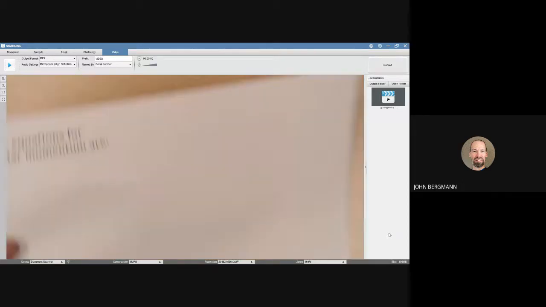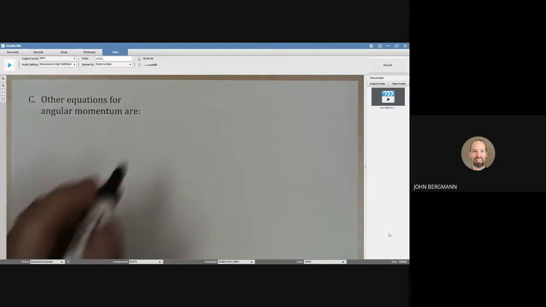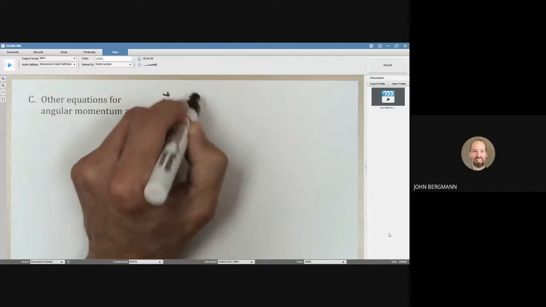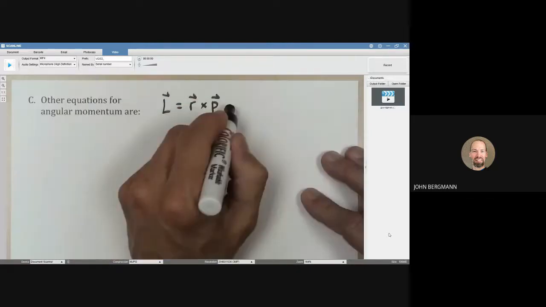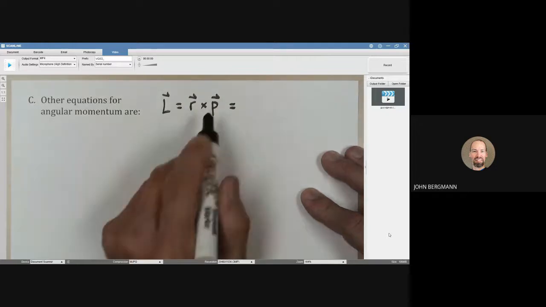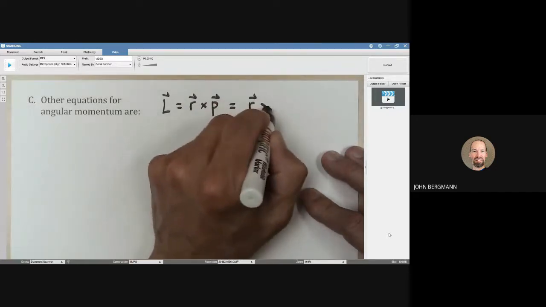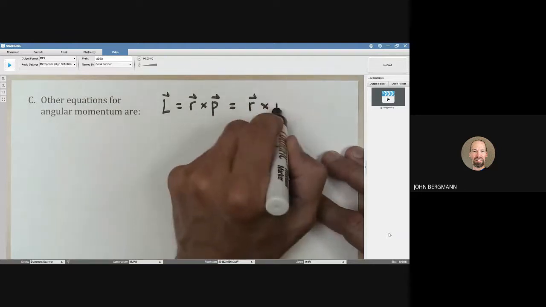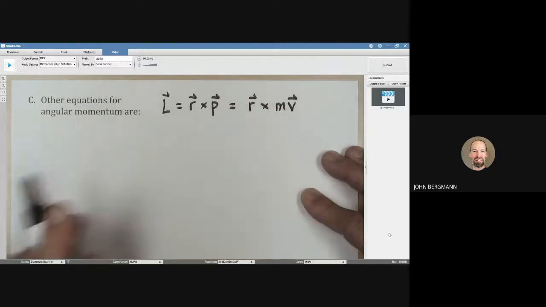Let's give you a couple of other quick equations for angular momentum. We're not going to explain all these quite yet. R cross P is one way to do that. Another way to write that would be R cross, well, what's P? P is linear momentum, m times v.